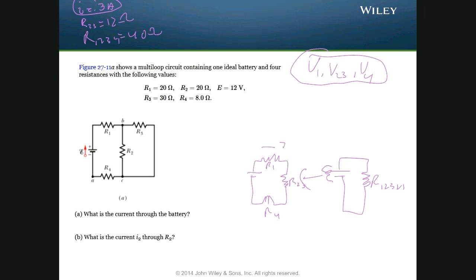So we know that the voltage V23 is going to be equal to I times R23, and that will be equal to 0.3 times 12.